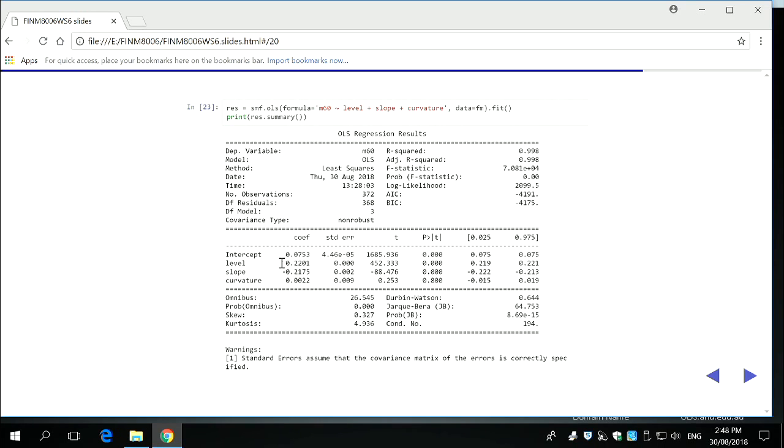So you can see level is still positive, but slope now is negative. Curvature is non-existent.